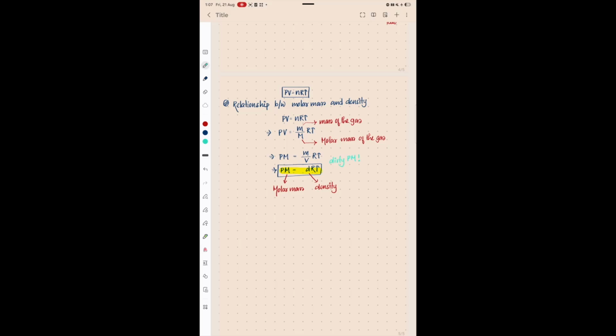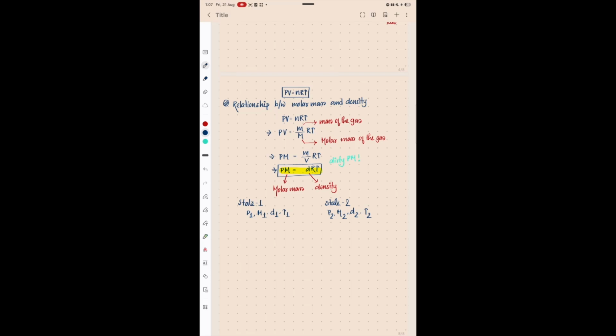Okay, so from this equation, let's say again, if we have two states: state 1 with pressure P1, molar mass M1, density d1 and temperature T1, and state 2 with pressure P2, molar mass of the gas M2, density d2 and temperature T2.